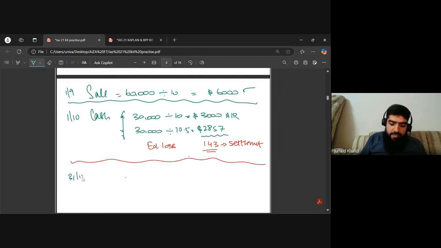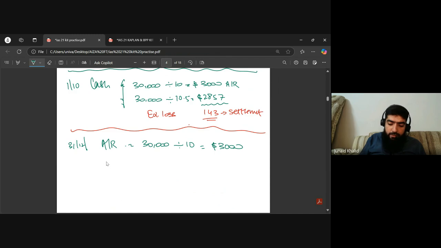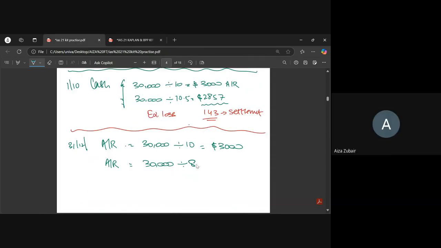On 31st December, the outstanding account receivable was 30,000 krona, and it was measured at its historic rate at $3,000, right? Yes. And now at the date of reporting, the outstanding account receivable is 30,000 krona, but the exchange rate moved to 8, right? Yes.